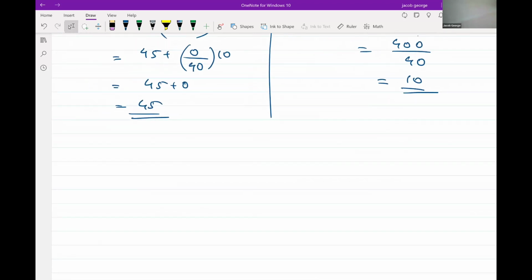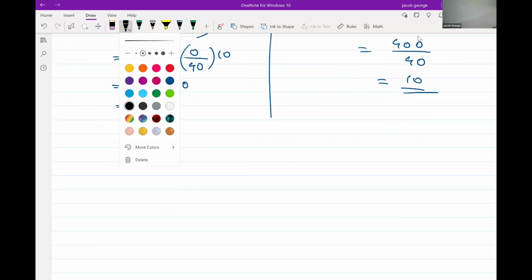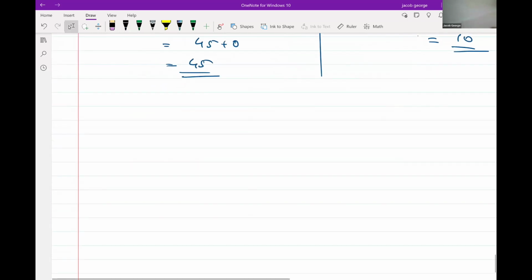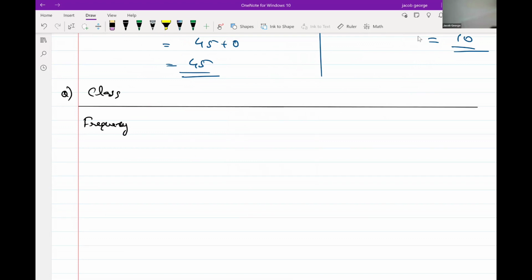Find the mean deviation about mean of the following. Class and frequencies. First class 0 to 100, 4.